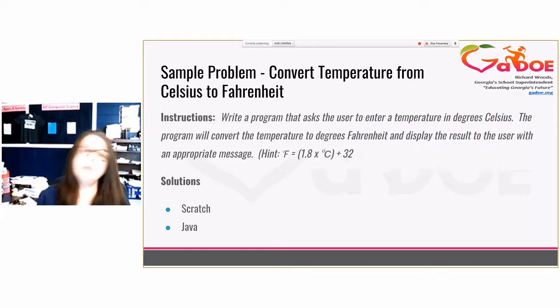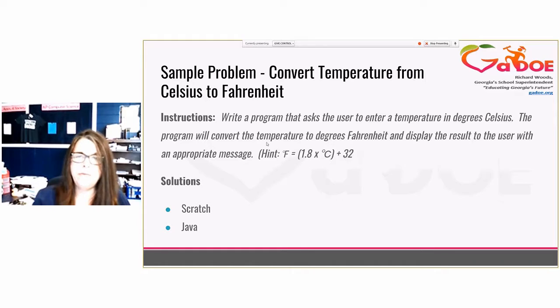Okay, so here are a couple of simple solutions to a sample problem. You'll see this in every textbook in every language. So it's a beginner program. The instructions are to write a program that asks the user to enter a temperature in Celsius degrees, and then the program will convert the temperature to Fahrenheit and display the results to the user with the appropriate message.